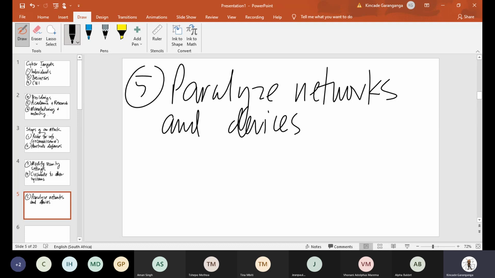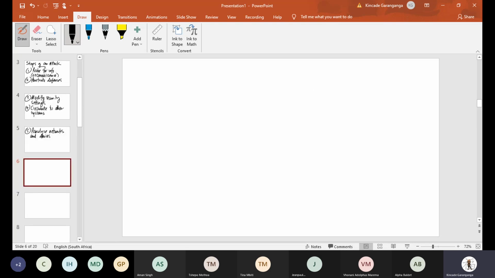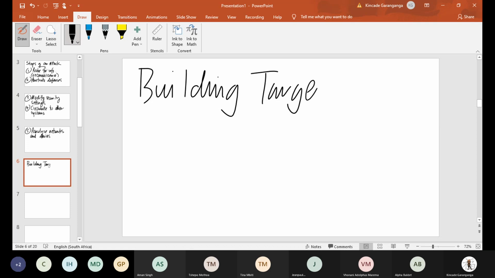More often than not, with your building targets, you're looking at your HVAC system. And remember, HVAC is short for heating, ventilation and air conditioning, right?